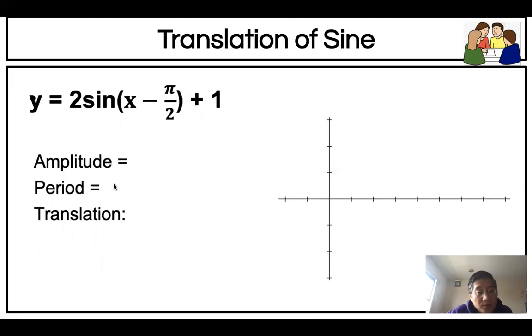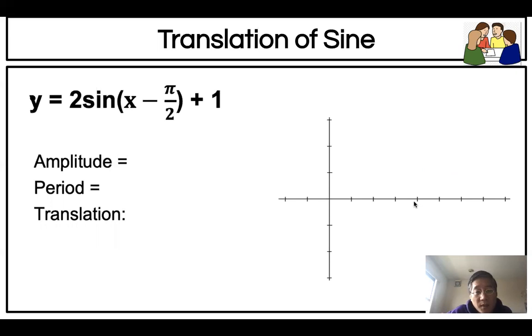So you divide, and you need 4 intervals, right? From 0, 1, 2, 3, 4. Here will be 2 pi. So pi over 2, pi, 3 pi over 2, 2 pi.